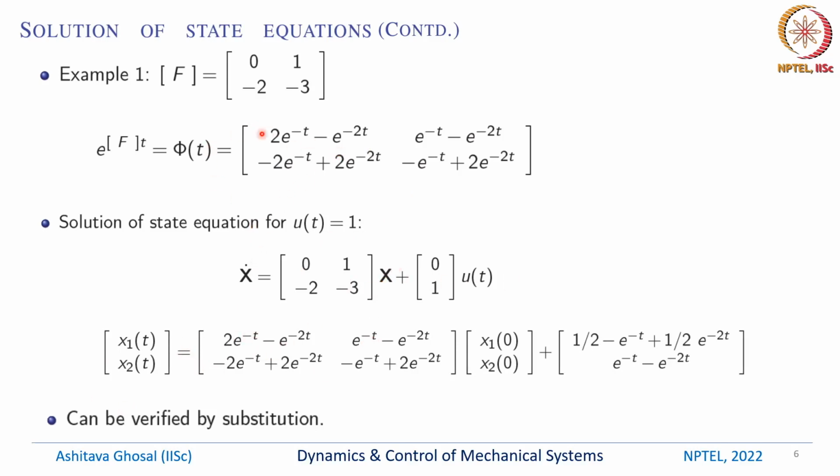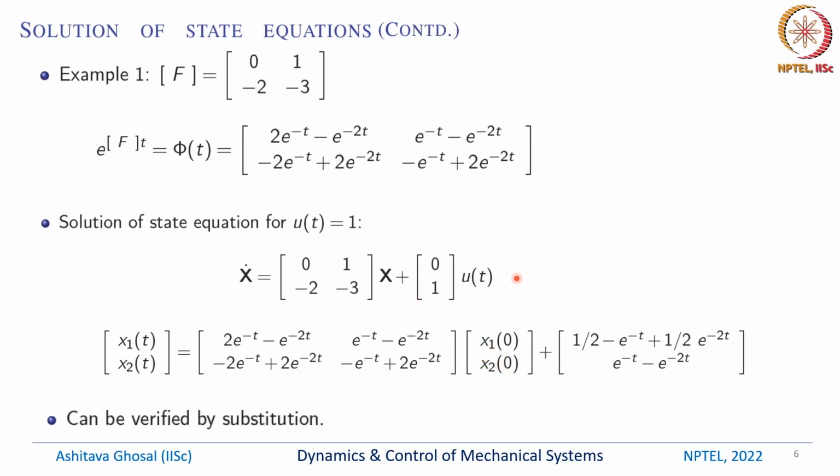which is given by the same thing as the first part, 2 e to the power minus t minus e to the power minus 2t, minus 2 e to the power minus t plus 2 e to the power minus 2t. This is the first column of this matrix phi. The second column is e to the power minus t minus e to the power minus 2t, minus e to the power minus t plus 2 e to the power minus 2t, multiplied by the initial conditions x1 of 0, x2 of 0.